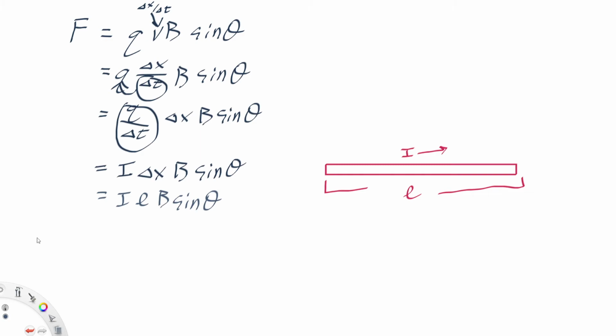So not only does the magnetic field produce a force on a single electron, it can produce a force on a whole wire that is carrying electrons.